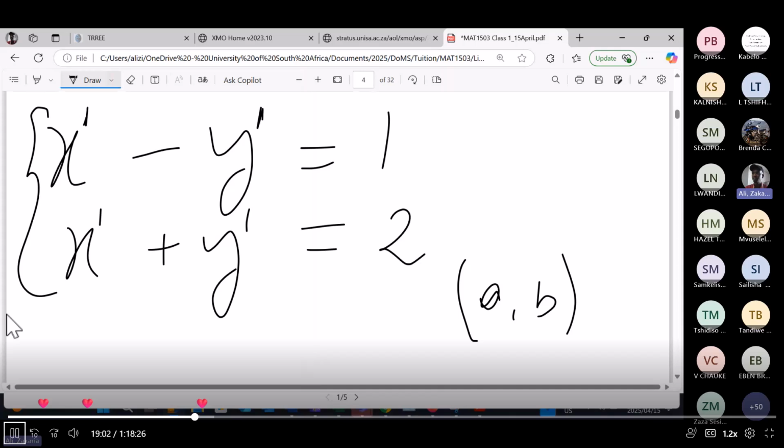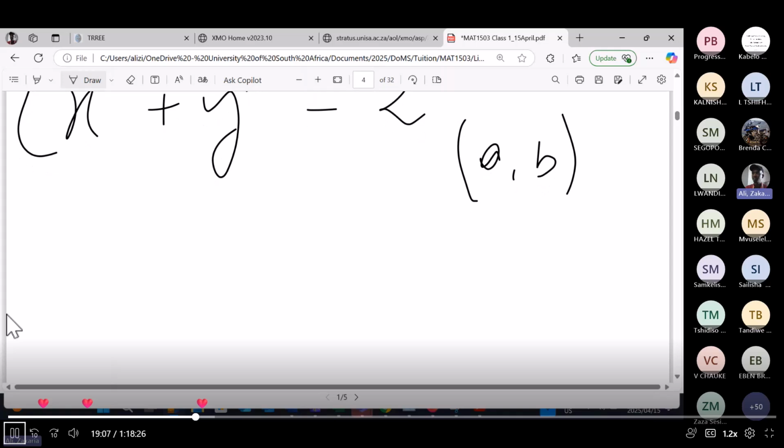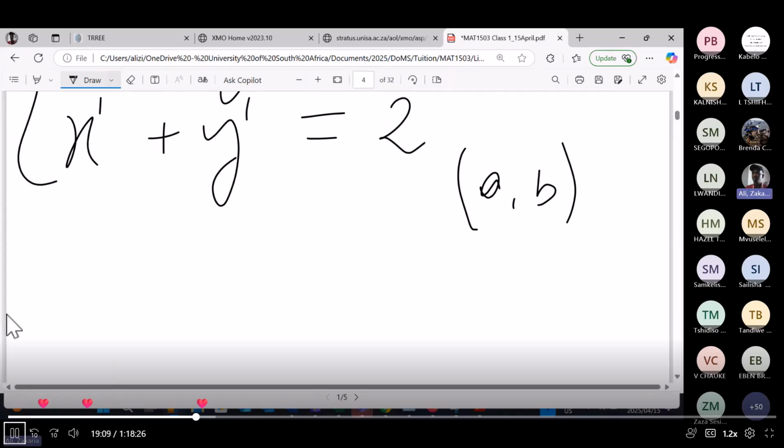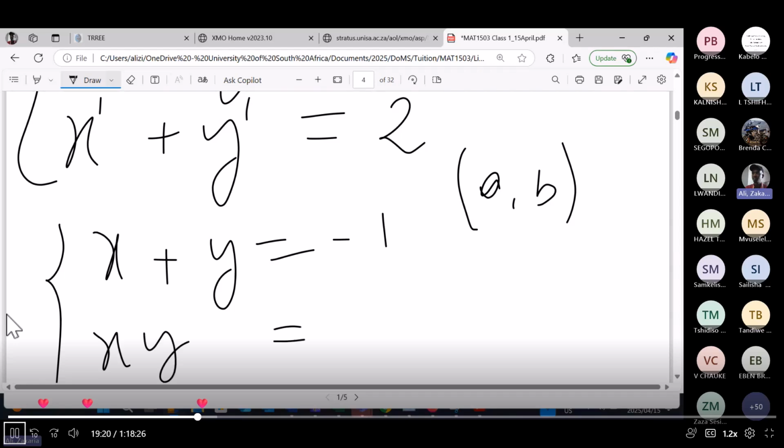If the power by any chance becomes x squared, or if you have a system of this nature, let's say x minus y equal to minus 1, and xy equal to 1, this system is not linear because there is x multiplied by y. The power here is actually 1 plus 1, which is 2. So that product doesn't allow it to be linear.